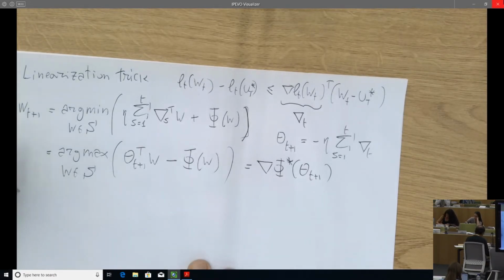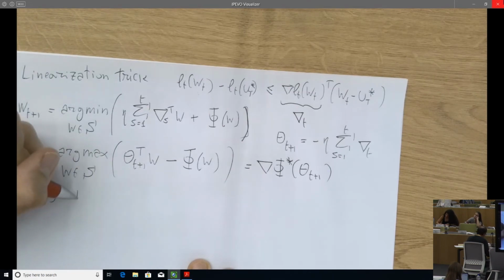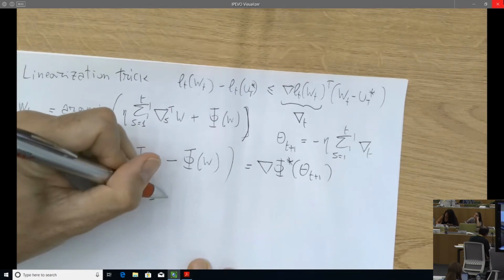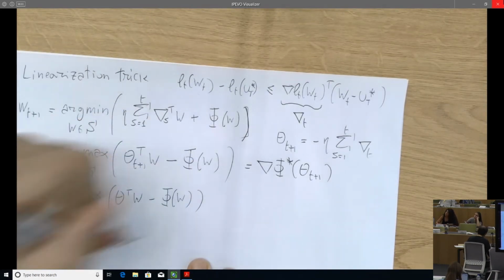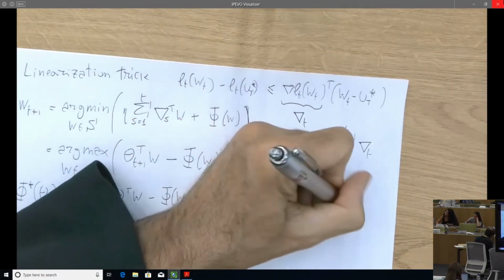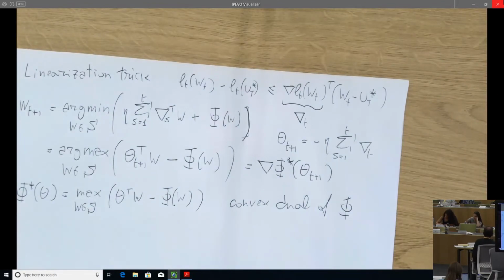This function is a relative of the regularizer, and is actually the convex dual of the regularizer. You give me a regularizer, for instance the entropy, and I can compute the convex dual. There are books that tell you how to do so.